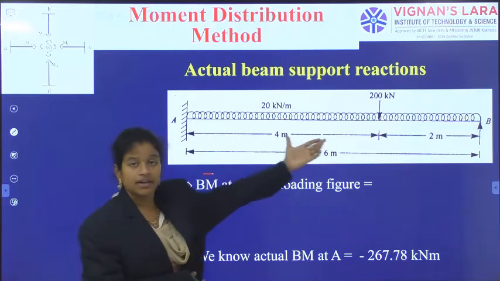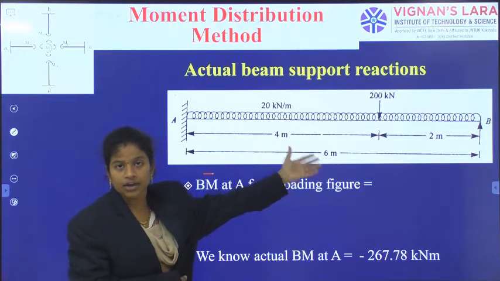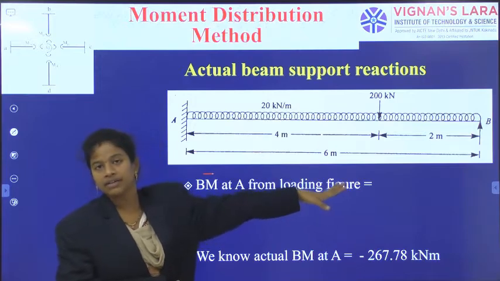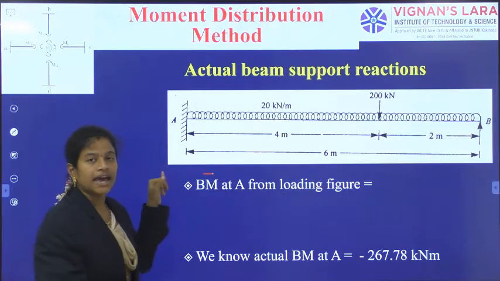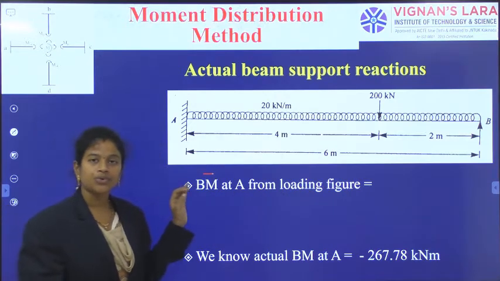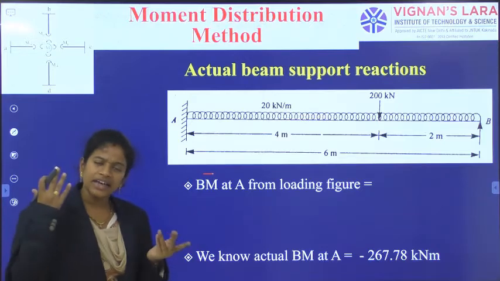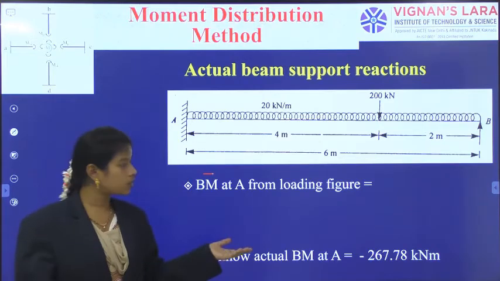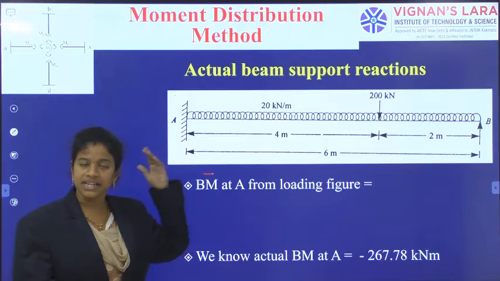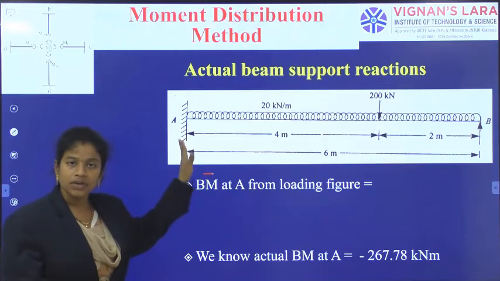So I am taking the actual beam as it is. For that actual beam, what do we have to do? Support reaction calculation generally involves moment equilibrium, and here, how will we calculate the support reactions?